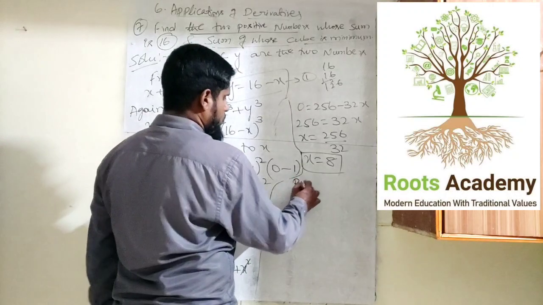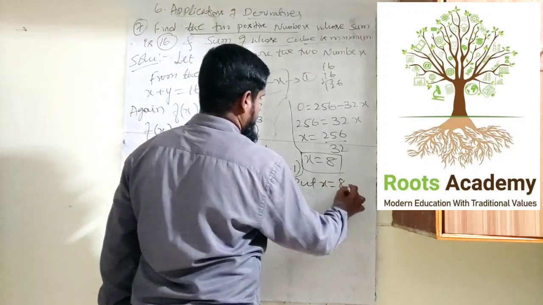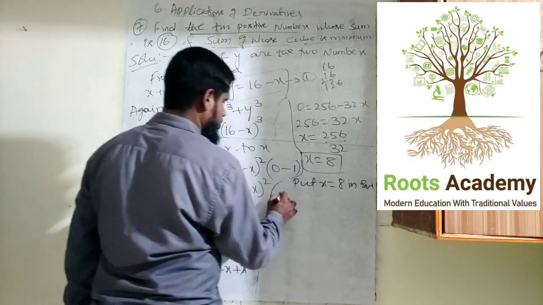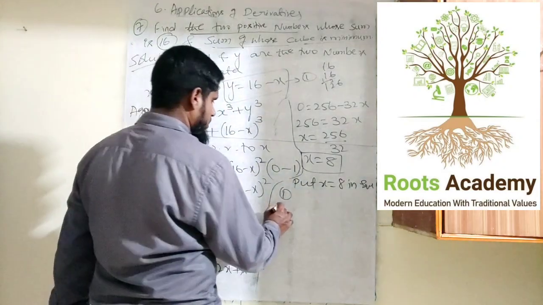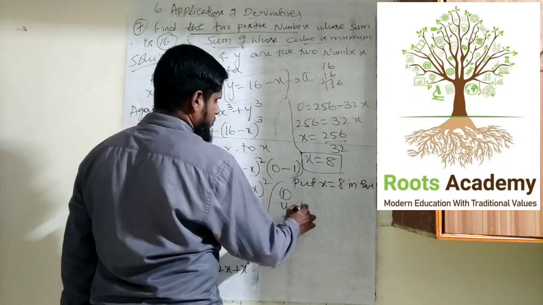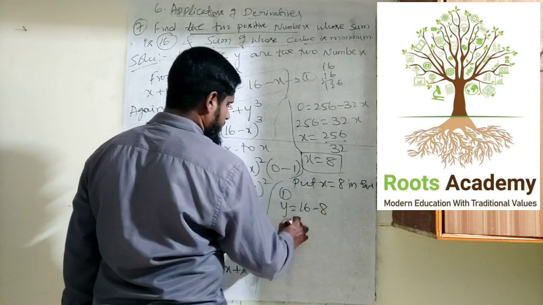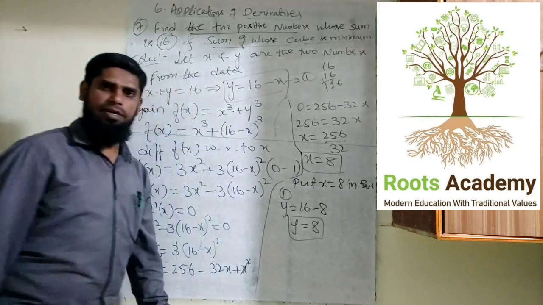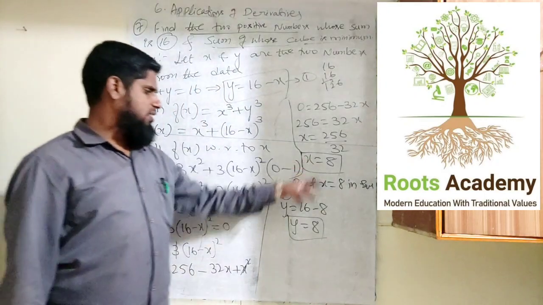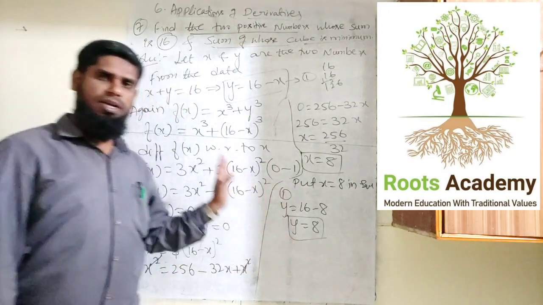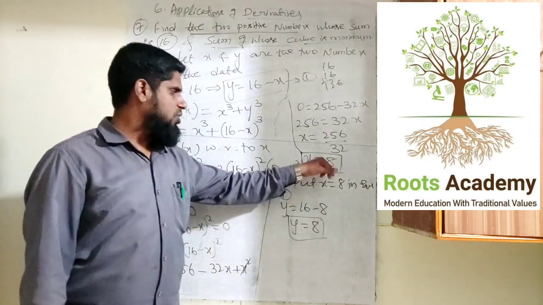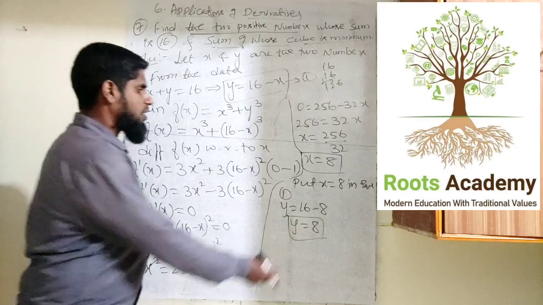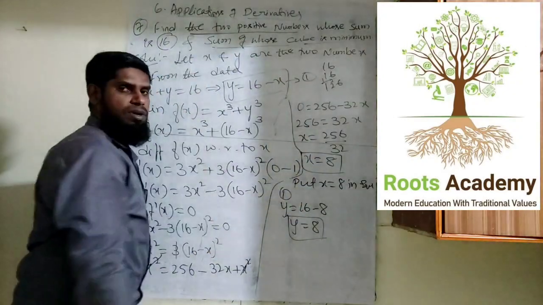Put x equal to 8 in equation 1. Then y is equal to 16 minus 8, so y is equal to 8. y is also 8. It is not necessary that both should be the same; it may differ also. But the condition is that if you add these two, we should get 16 here. So yes, the first part of the problem is over.